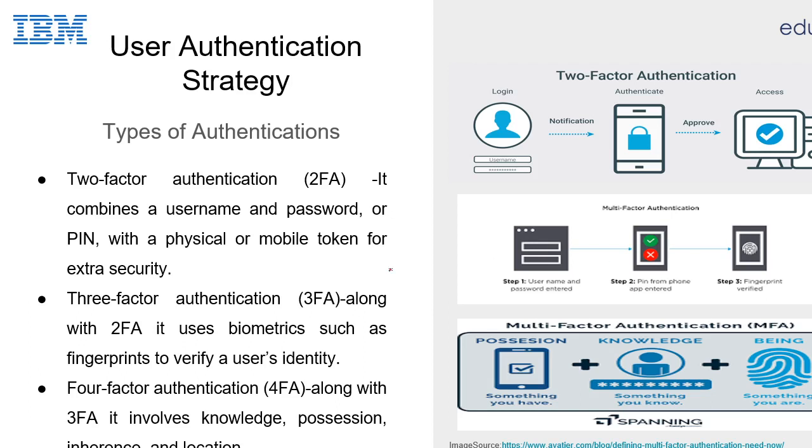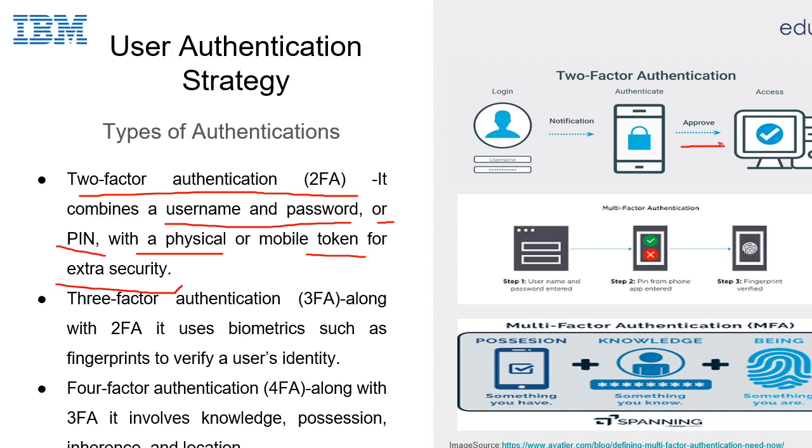So the first one is two-factor authentication. Two-factor authentication combines a username and password or a PIN with a physical or mobile token for extra security. So it is usernames, passwords, and a mobile token sent to the mobile to approve it.